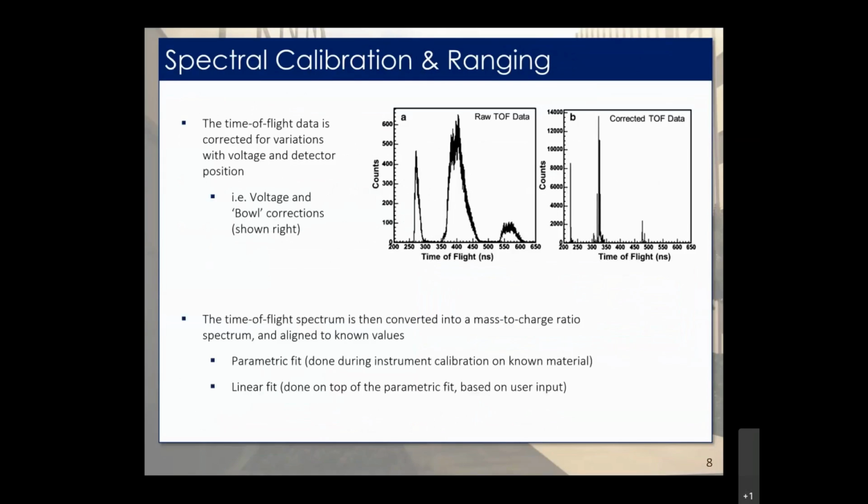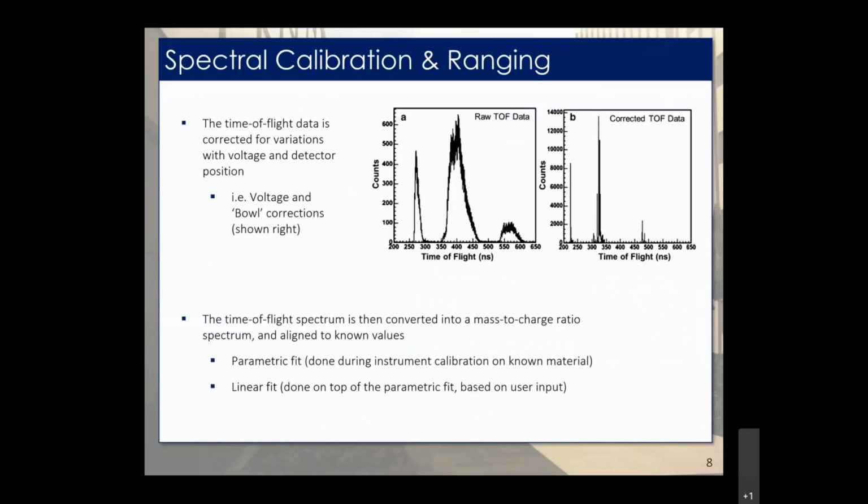First of all, looking at spectral calibration and ranging, keep in mind that part of the information we get from the atom probe experiment is essentially time of flight data. That's the time of flight between the incident pulse of either the voltage or laser onto the specimen and the detection of the ionized atom leaving the sample.